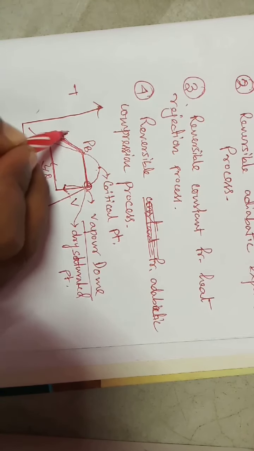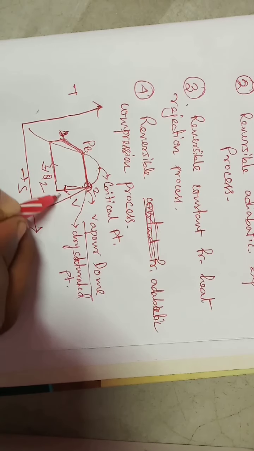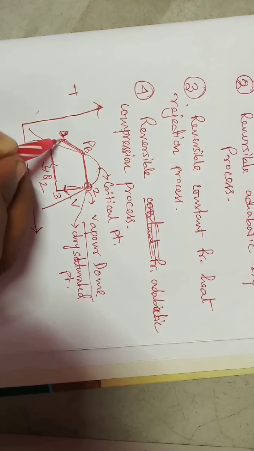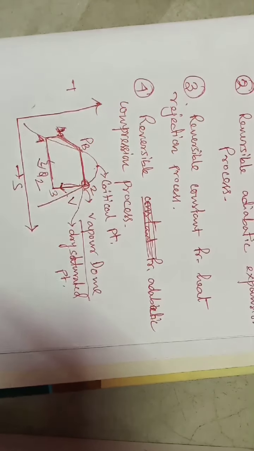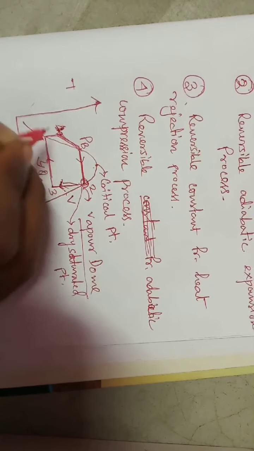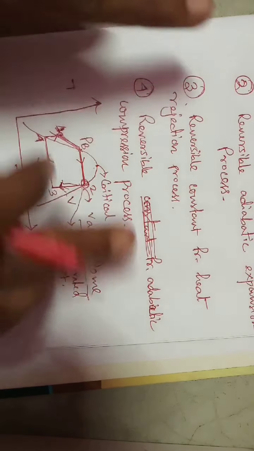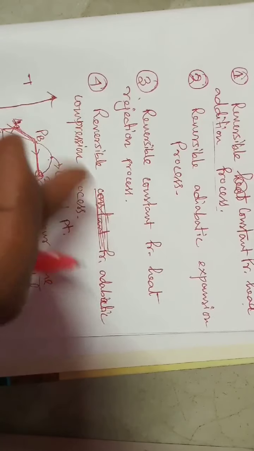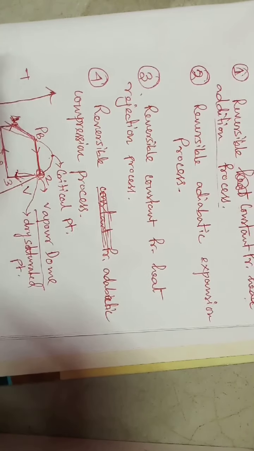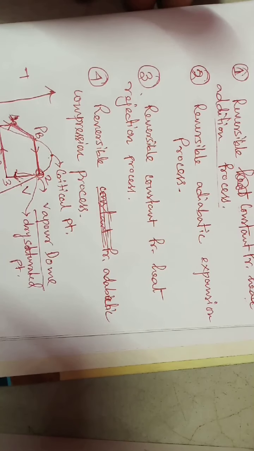So it starts from 1 to 2, 2 to 3, 3 to 4, and it brings back into 1 again. So we can say it is a thermodynamic cycle. Now how this TS diagram is formed, or what the layout of a thermal power plant is where this Rankine cycle operates, we will come to in this chapter.